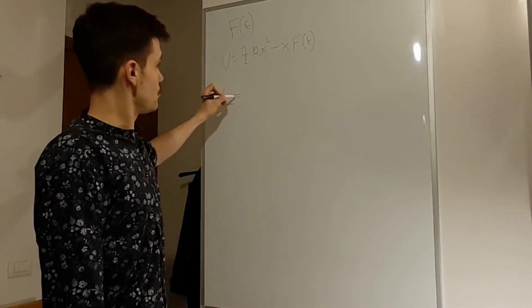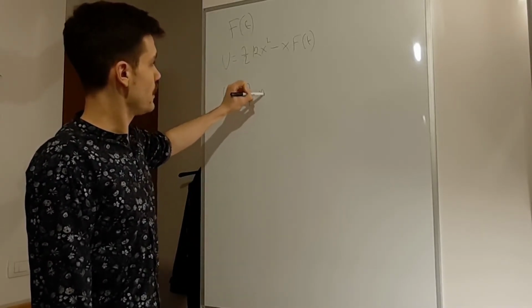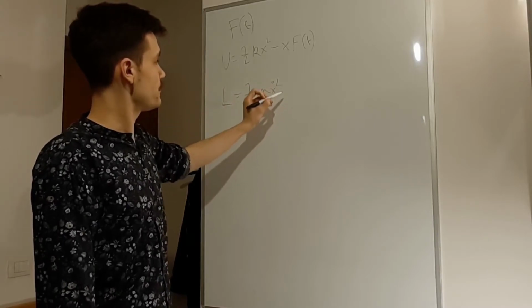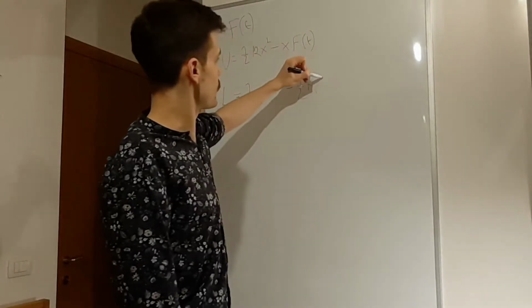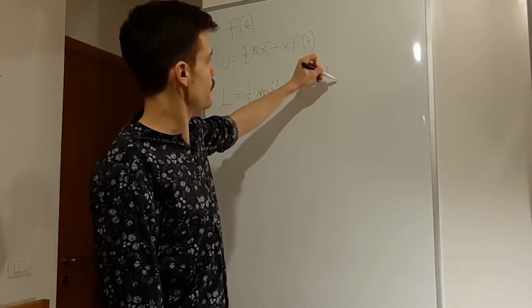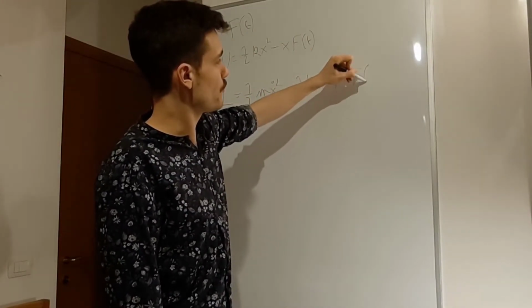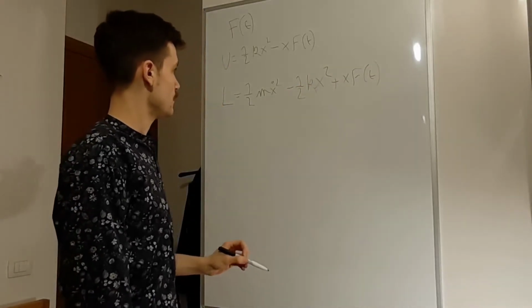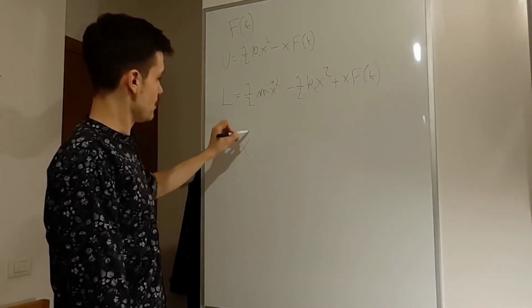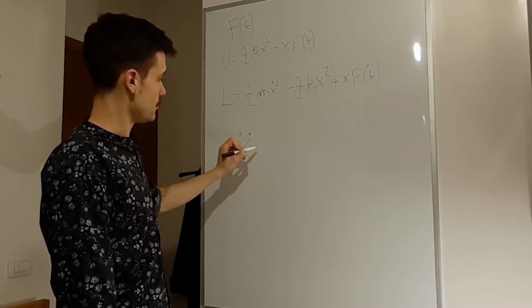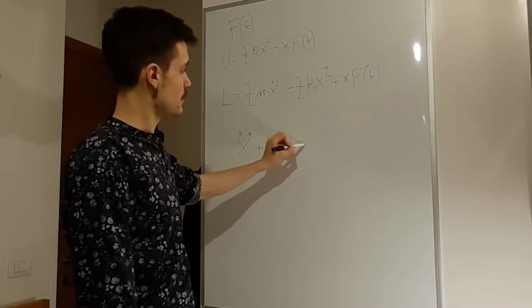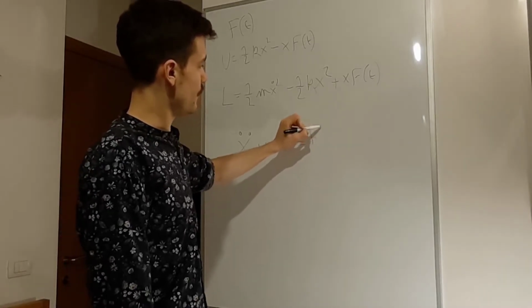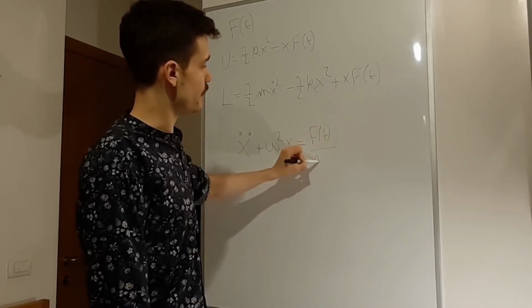So the Lagrangian will be 1/2 m x dot squared minus 1/2 k x squared plus x f of t. So the equation will be x double dot plus omega squared x equals f of t divided by m.